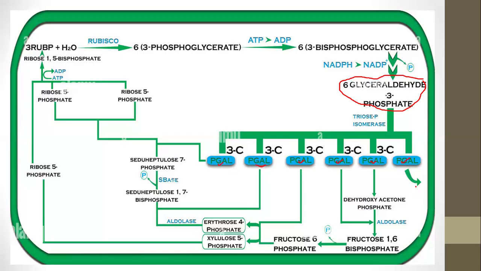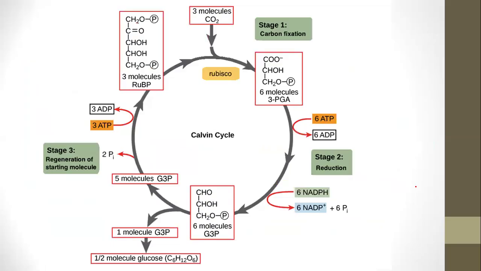In the subsequent slide, we can see the regeneration step, the production of the starting molecule, ribulose bisphosphate carboxylase. Here, 6 molecules of 3-phosphoglyceraldehyde are produced in the regeneration steps. Amongst them, the 5 molecules of glyceraldehyde 3-phosphate undergo interconversion.